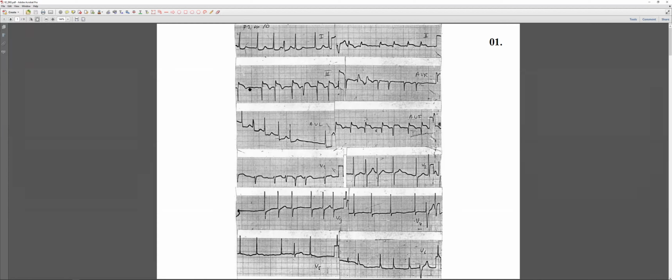So, arrhythmia, no P wave, what can be the answer here? Junctional. No. Arrhythmia with sinus P wave, that's a sinus arrhythmia.